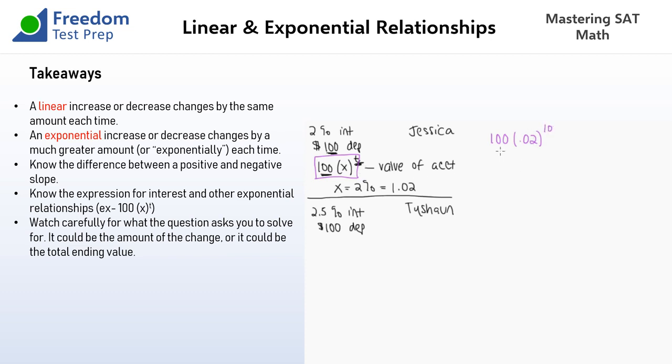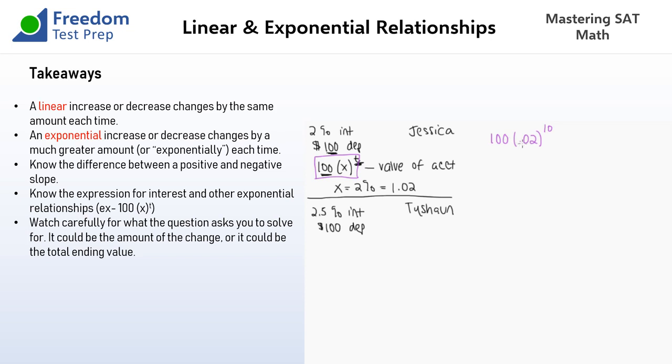And you might say, well, how come we're not using the 1.02? It's because of the question. The question is saying, how much money will each account earn in interest? It's not saying how much is the total value of the account. And that makes all the difference in the world.